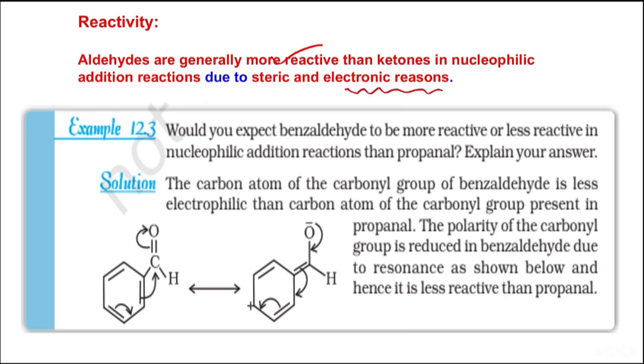The other reason is the steric factor. You can understand this very well, that if there is a carbon on which the nucleophile has to attack, it has a double bond here, and the two attachments, if these two attachments are hydrogens, formaldehyde suppose, or one of them is hydrogen and the other is an R group, still it is easy for the nucleophile to come and attack. But if both are R groups, obviously R groups occupy more space as compared to hydrogen.